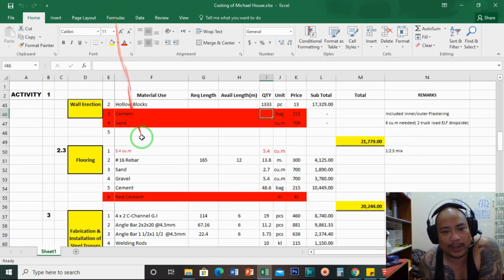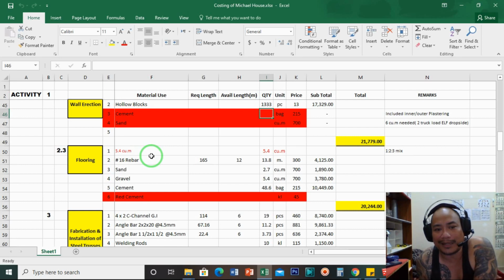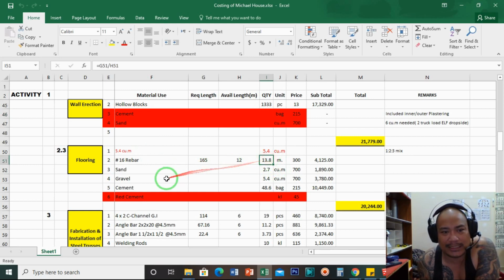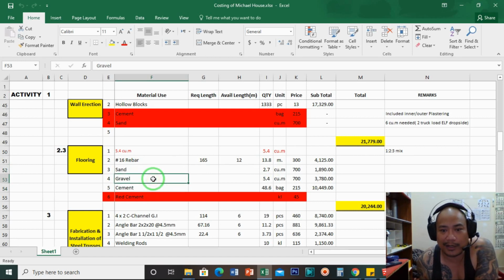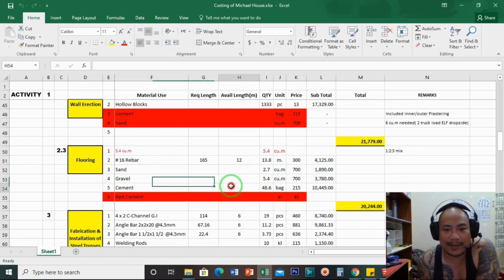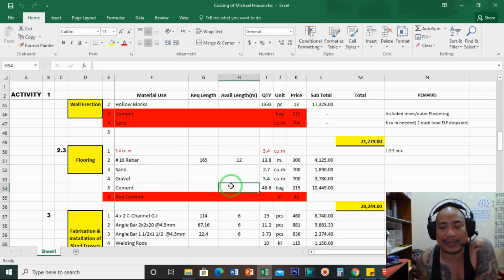So we will proceed to flooring. Our flooring requires 5.4 cubic meter of concrete. Again, we need number 16 rebar, at least 14 pieces. Sand, 2.7 cubic meter. Gravel, 5.4 cubic meter. Cement, 48.6, let's say 49 bags.